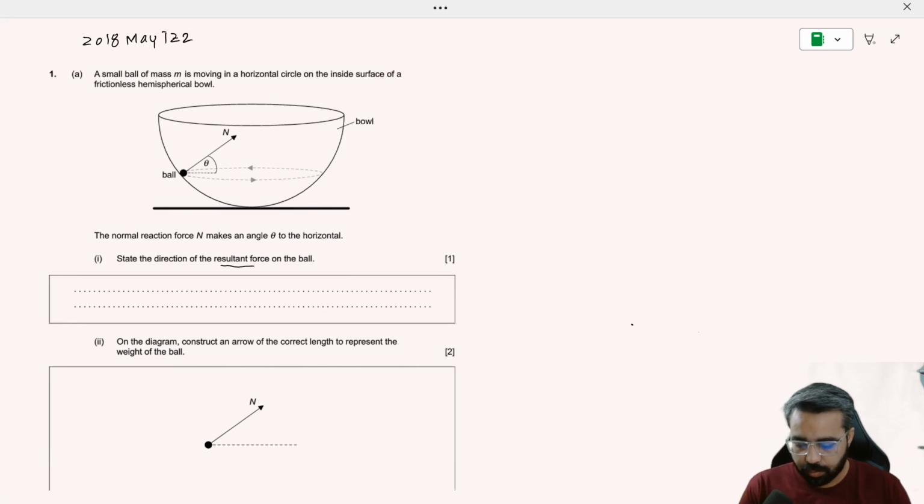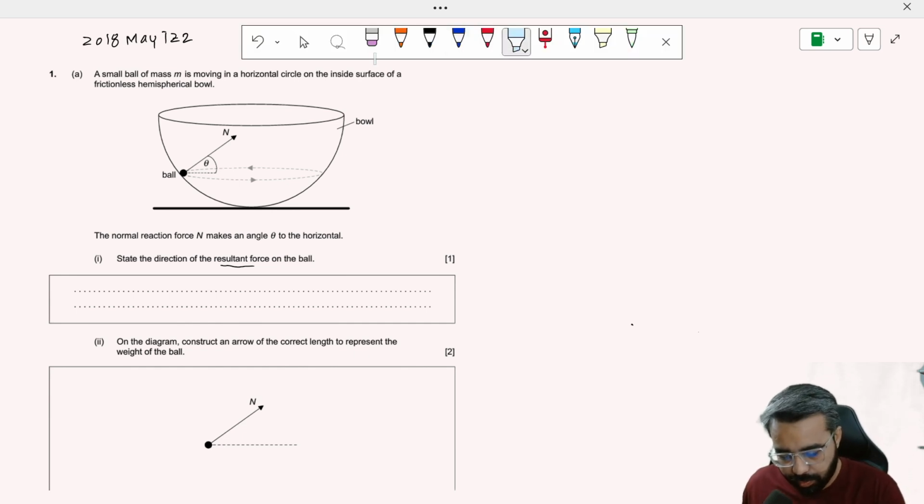First of all, in this question, they say that it is moving in a horizontal circular path. A normal force is also shown in the same diagram, which makes an angle to the horizontal, and we must state the direction of the resultant force.